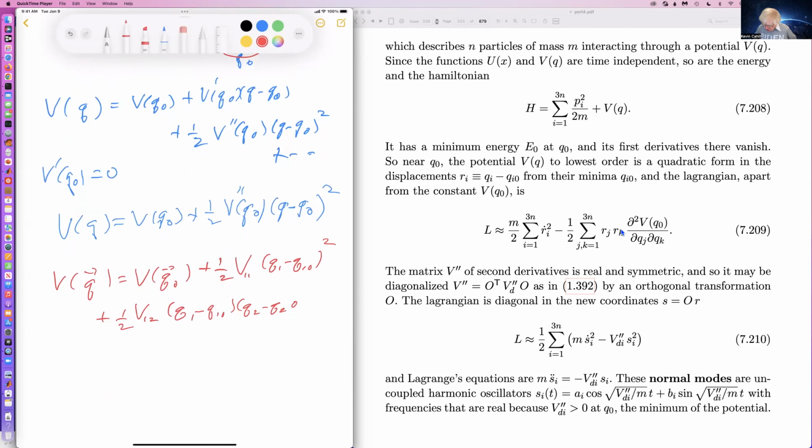You have a bunch of terms, and the last term is a half V33 times Q3 minus Q03 squared. So you have all these different combinations. In other words, you have a quadratic form in the second derivatives, all evaluated at Q0.